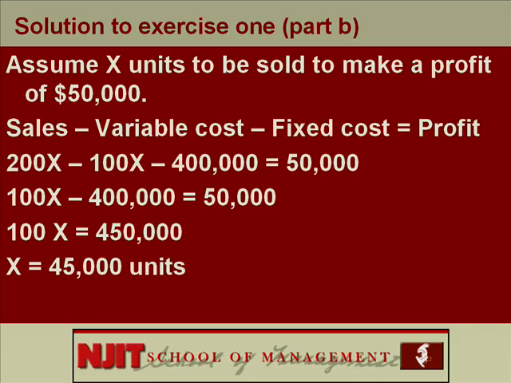Before we go on, I want to make the point that companies generally produce two types of reports, two types of income statement reports, one for external users, one for internal users. The one for external purposes looks like this.